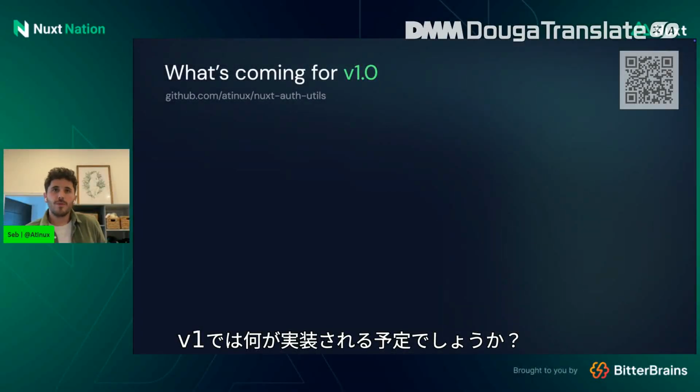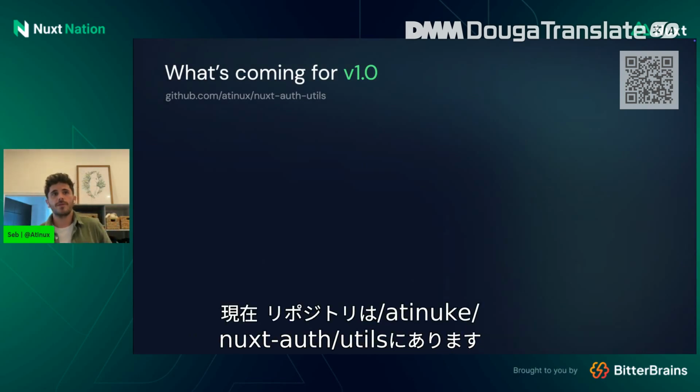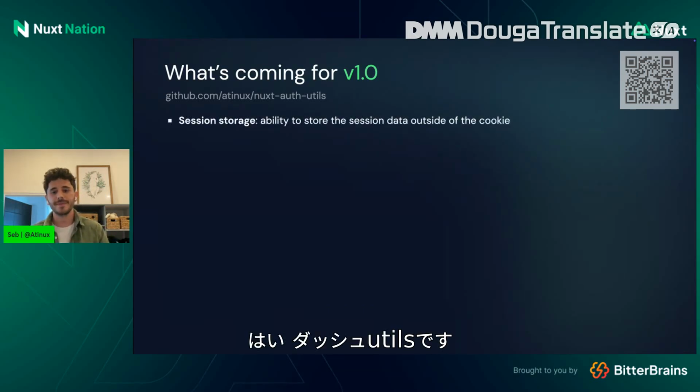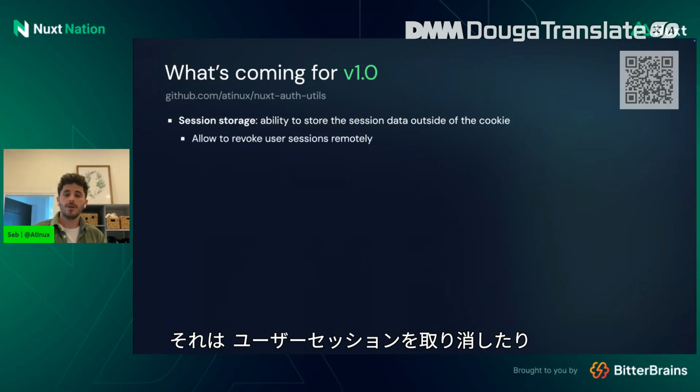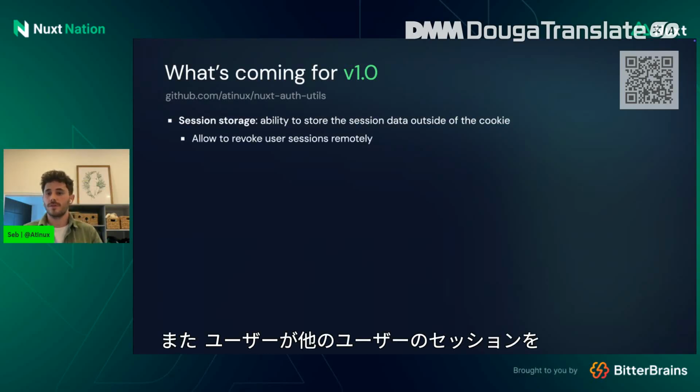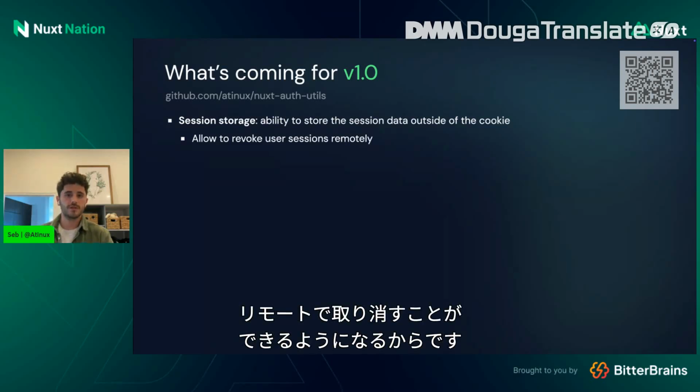What's coming for V1? So right now the repository is on @atinux/nuxt-auth-utils. We are working on adding the possibility to plug a session storage. Why? Because it will allow you, or allow your users, to revoke other user sessions remotely.